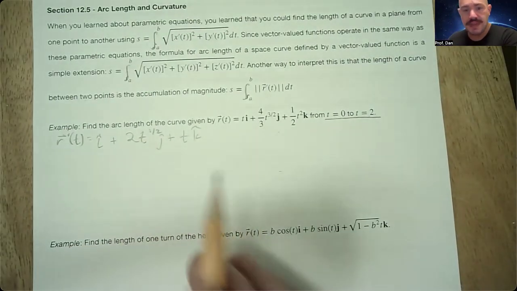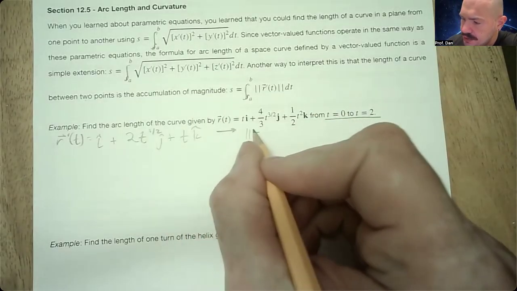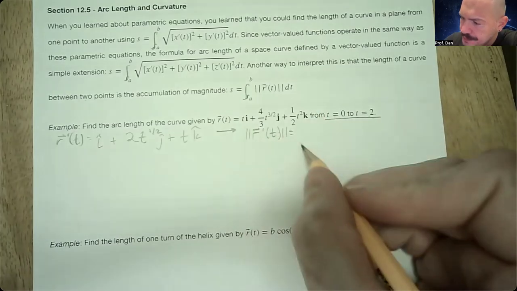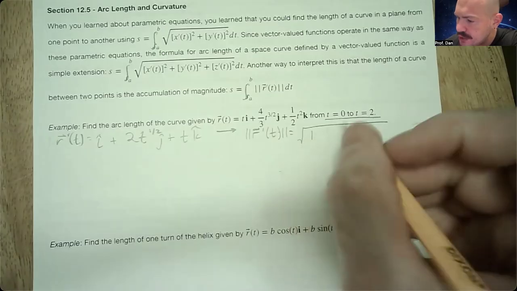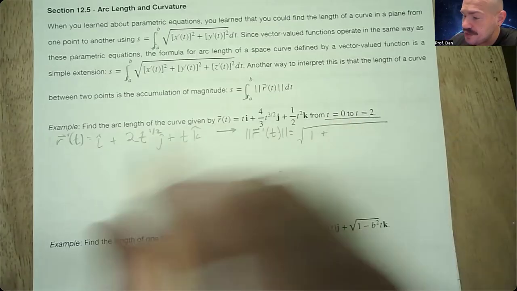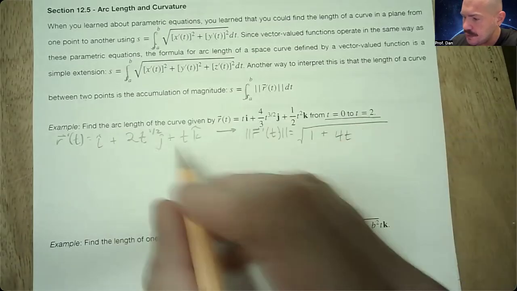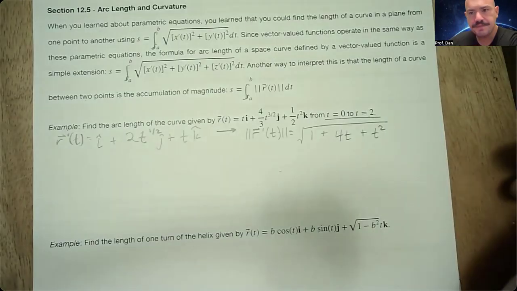So if I want to find the magnitude, all right, we just use our formula for magnitude. Square root of first component squared is 1. Second component squared will be 4t. Third component squared will be t squared.